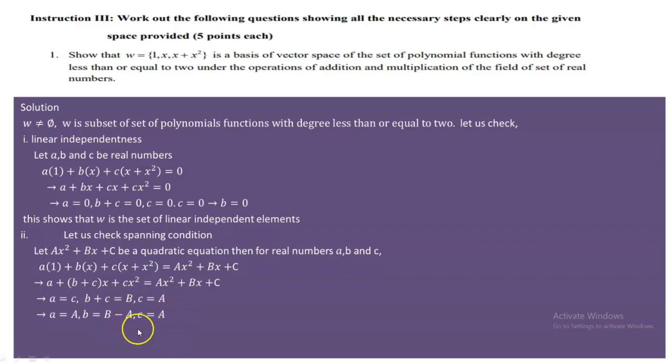In such a way, you see, the quadratic equation you took can be generated by this set of elements. So this shows you that this set can generate any function whose degree is less than or equal to 2.